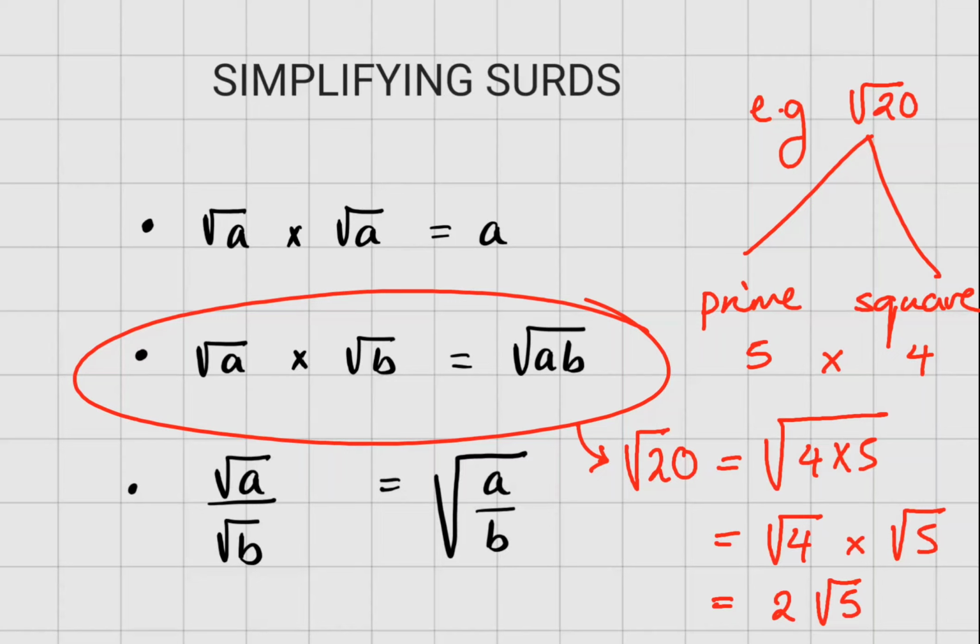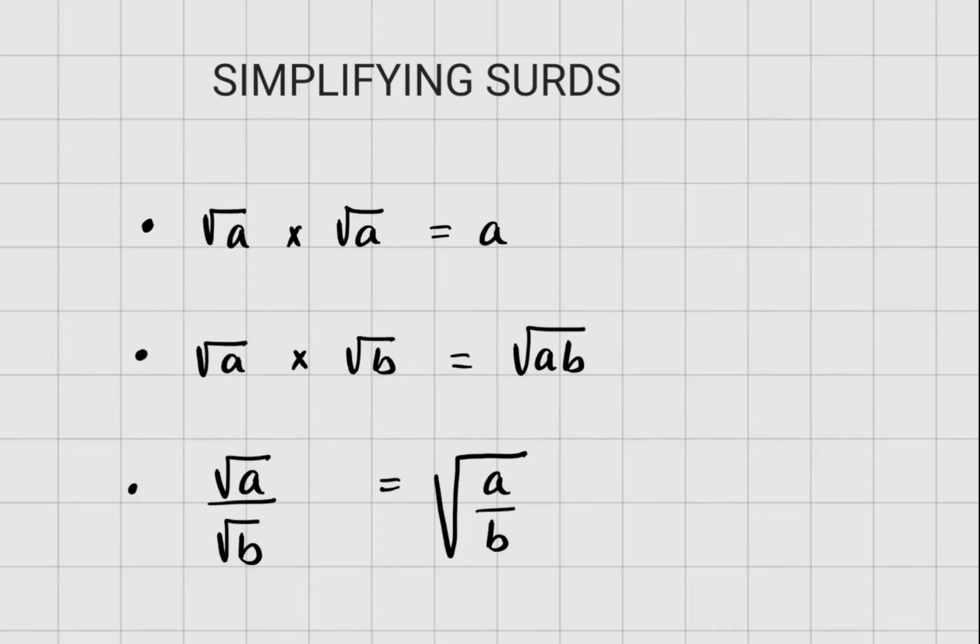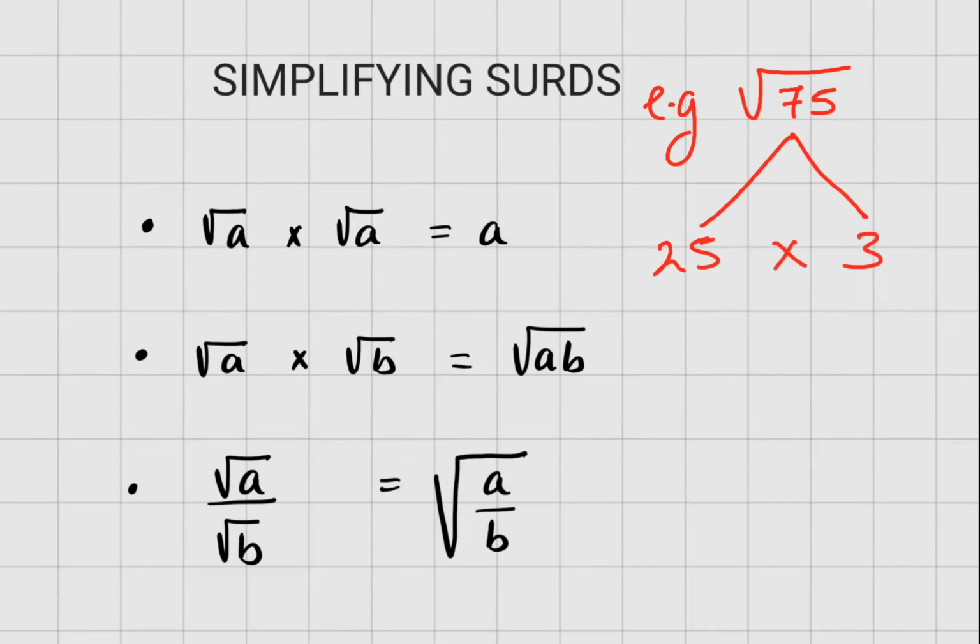This is how we simplify surds. I'm going to take one more example. Let's say we start up with the square root of 75. The same idea. I'm going to look for 2 numbers that multiply to give me 75. 1 prime, 1 square number, if possible. When you think about it, 25 multiplied by 3 definitely gives us 75.